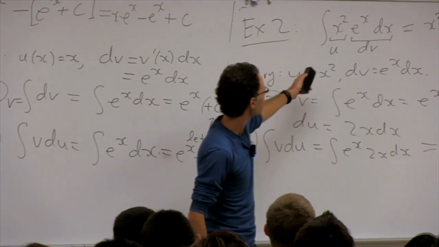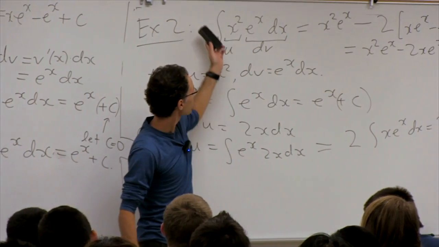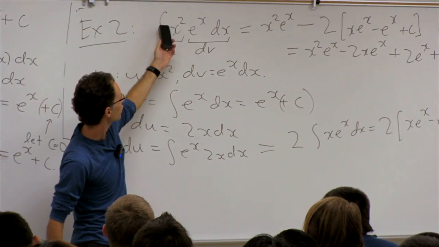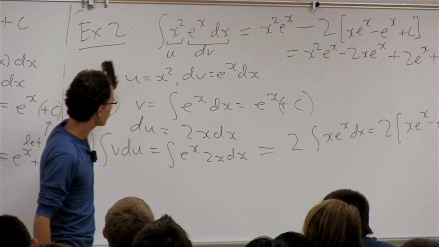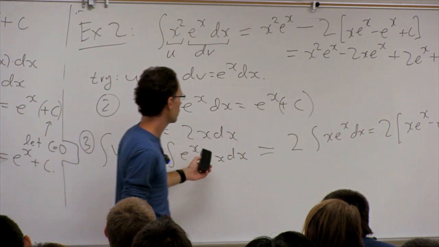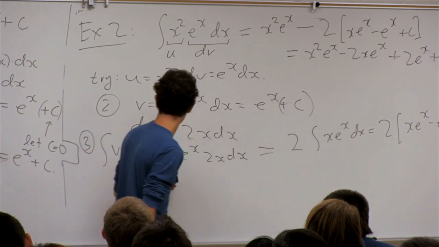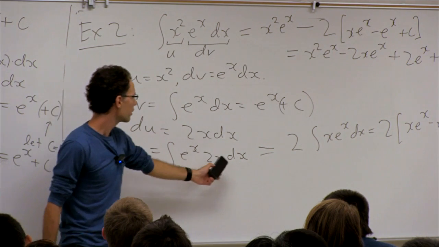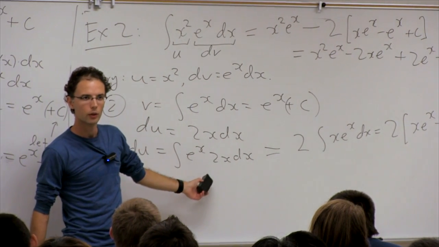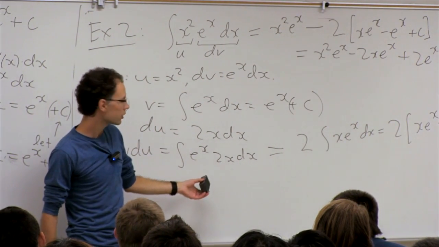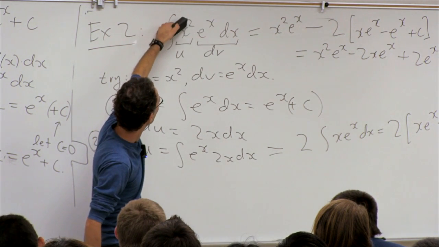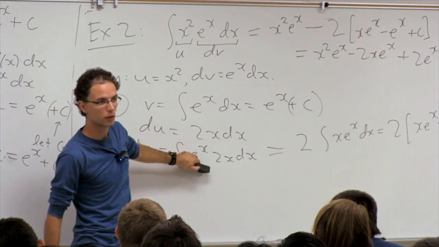So one moral here is that if you were given an integral such as this one, and you did the first integration by parts, and you got to computing this integral of v du, and you're like, oh wait, I don't know how to do this. Well, the moral is, don't stop there. This is something you can already see. This power of x dropped by 1 when I got to this integral.